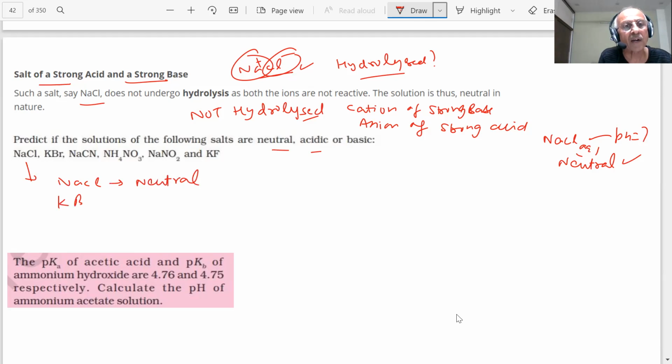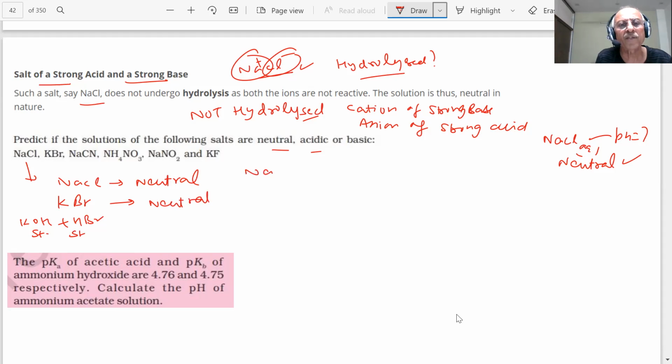What about KBr? How is it produced? KOH plus HBr. They are strong and strong. So it will be neutral, students.